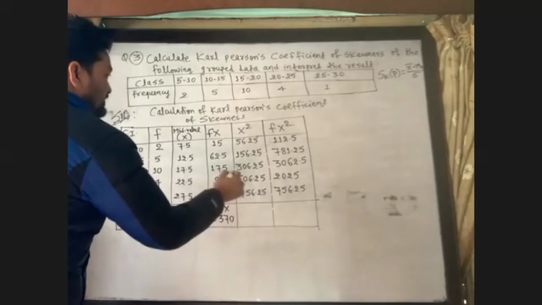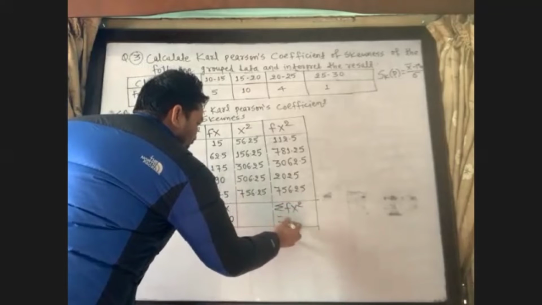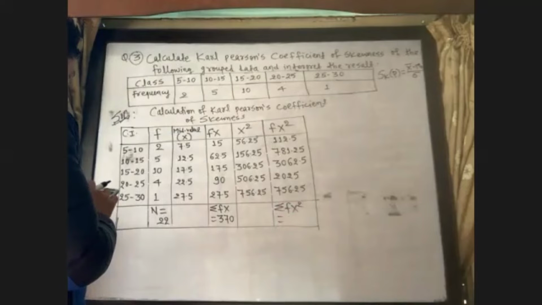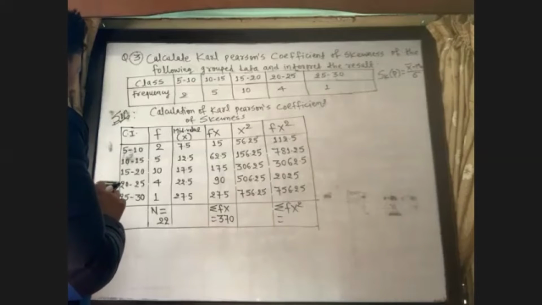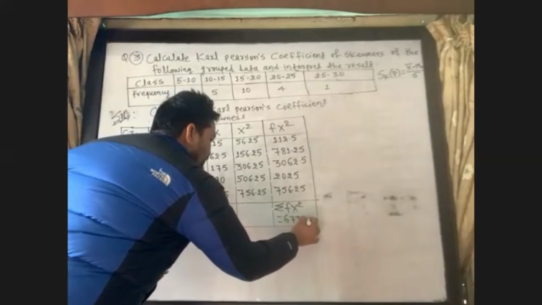हामीलाई summation of fx square को पनि sum चाहियो. Okay, for this now let's add 112.5 plus 781.25 plus 3062.5, then plus 2025, plus 756.25. So by adding all this, we'll get here 6737.5.